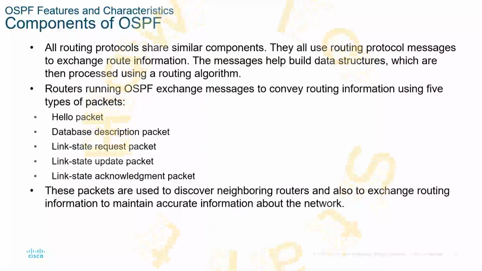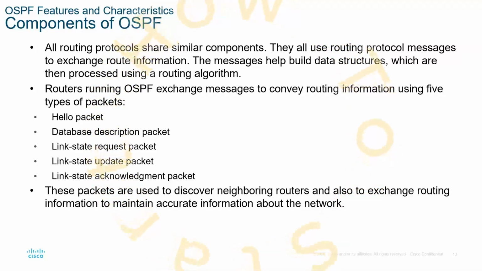Alright, moving on. All routing protocols share similar components that they use to exchange routing information. These routing protocol messages help to build the data structure of the route maps or the routing information.